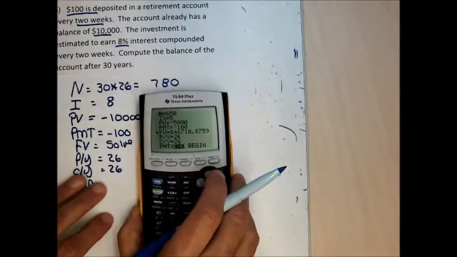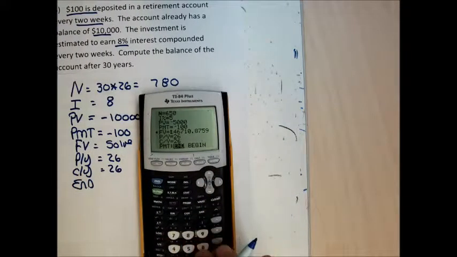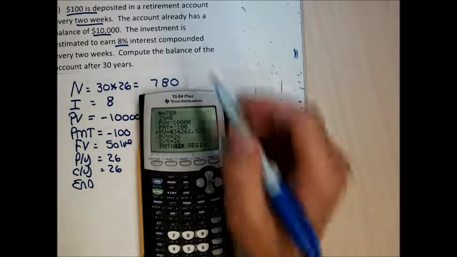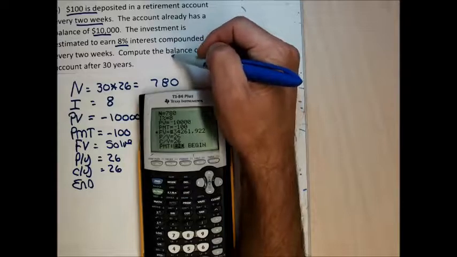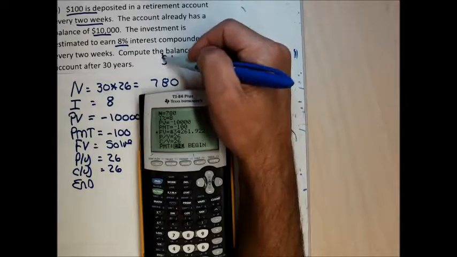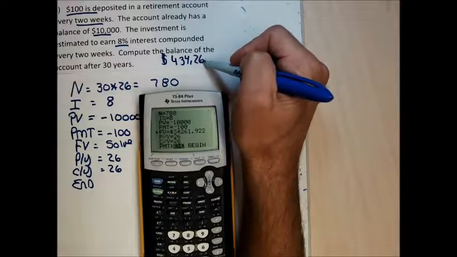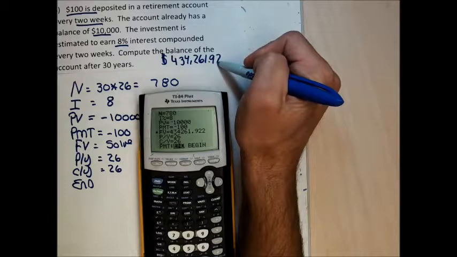So on my calculator on the main screen now for N, I'm going to go 30 times 26, 8 for the I, negative 10,000 for the PV, negative 100 for the PMT, 26 for the PY and the CY. Now my green alpha followed by enter. And I come up with $434,261.92.